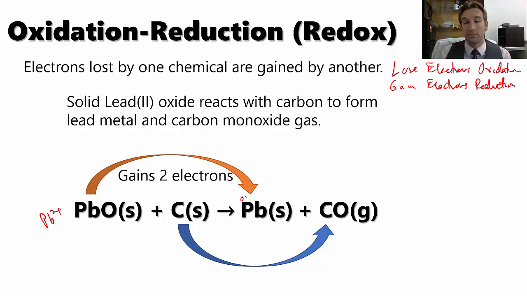Now we'll focus on carbon. Our carbon begins as a neutral element. So remember, it's uncharged. It's a 0. It is going to go over here, and it's going to bond with oxygen. These two things will come together. The tricky thing is that carbon and oxygen are both nonmetals, so it's not as cut and dry when we talk about the shifting of electrons.